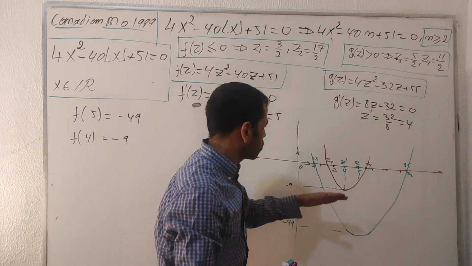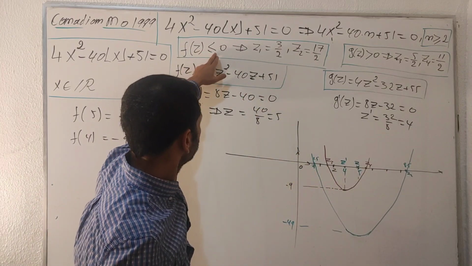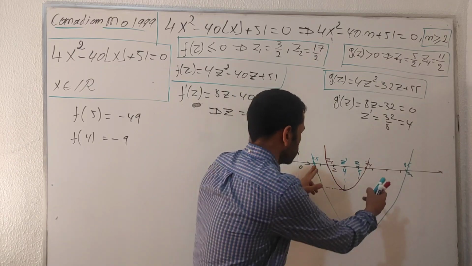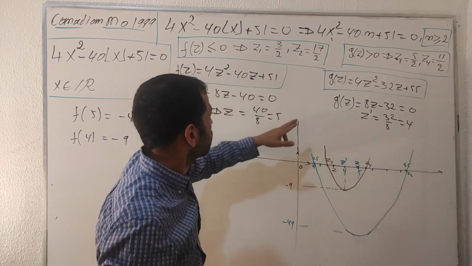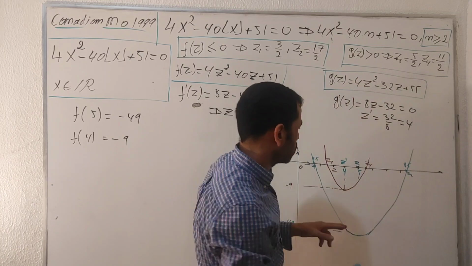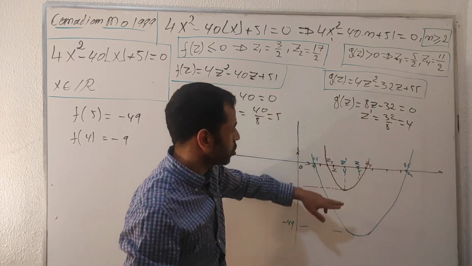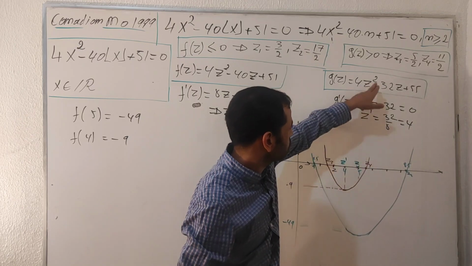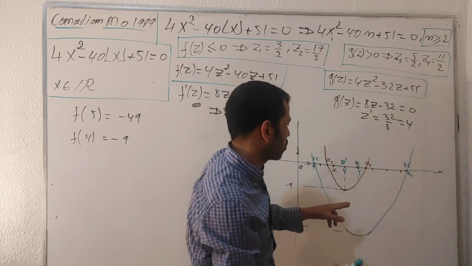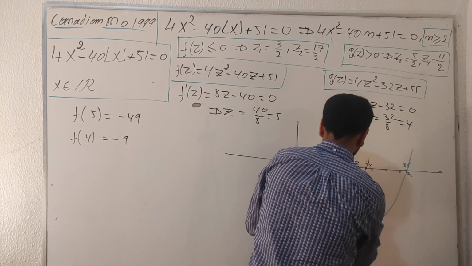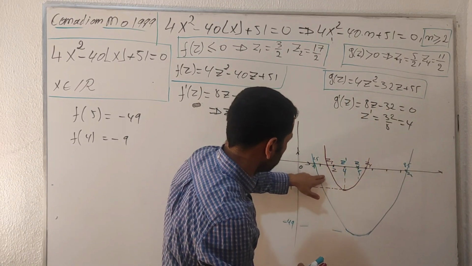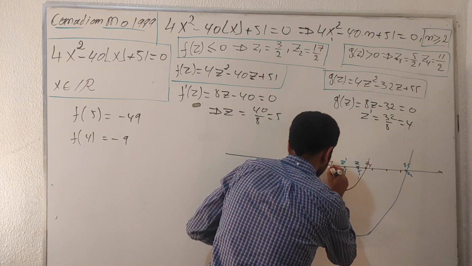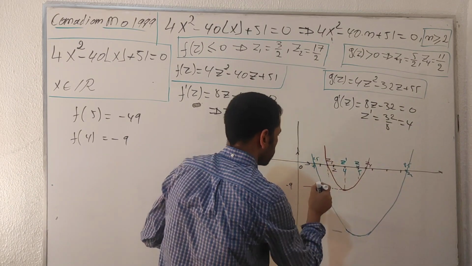Okay, so f of z must be inferior to 0, which is this area below OX, this region. But g of z must be strictly superior to 0. For the second function, I will have the solution above these points, because we need this function to be strictly superior to 0, which is this area from this one and this one. So where we have intersection between this one and this one, this region, I'm going to put the intersection.